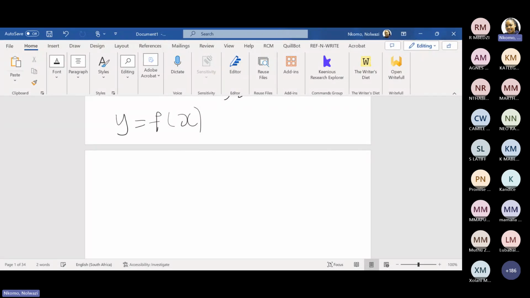Then some common alternative notations for the derivative, we can write as follows, okay?